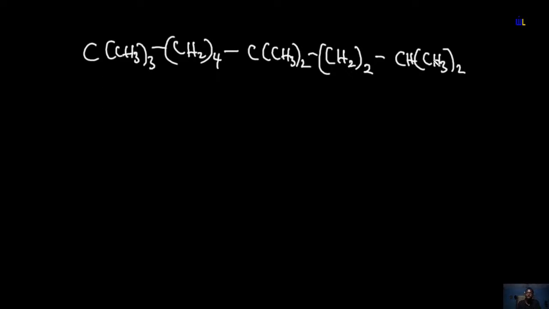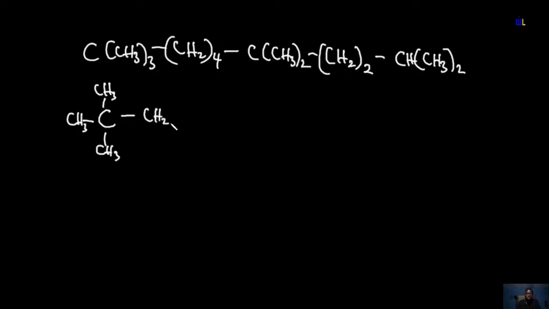Okay, so let's put this down together. Imagine I want to expand this. What am I going to do? I start with this. I draw my carbon atom, and then I have CH3 into 3 places. So I'm going to put CH3 on one side, CH3 on the other side, and CH3 on the third side. Notice that I did not put it in front intentionally. Now we move ahead. Because this is CH2, I know that it's part of the chain.